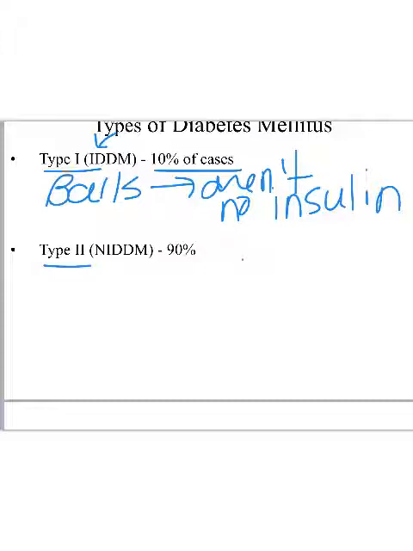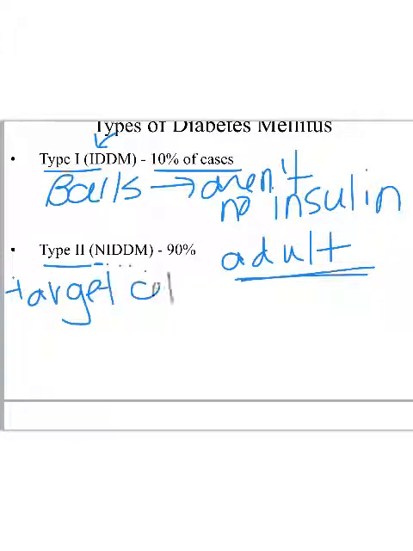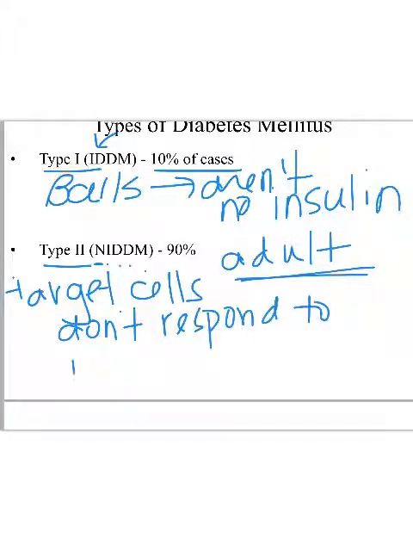Now type 2, this is the 90%, and it's really epidemic in the United States. It's bad. They used to call it adult onset, but it's not just adults. With it, we have non-insulin dependent diabetes mellitus. What happens is the target cells don't respond to the insulin. So something's wrong with the receptors.